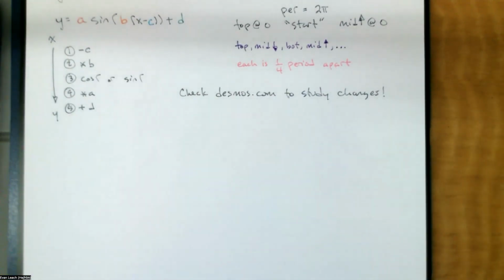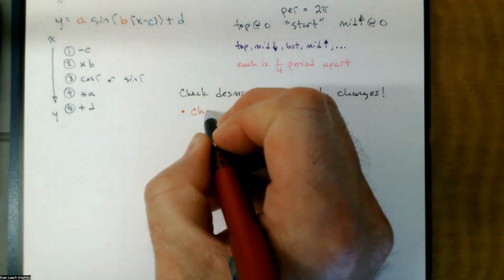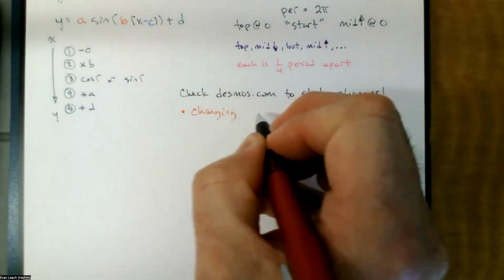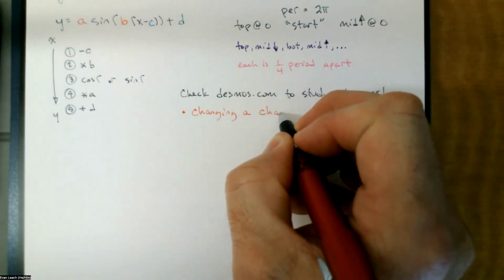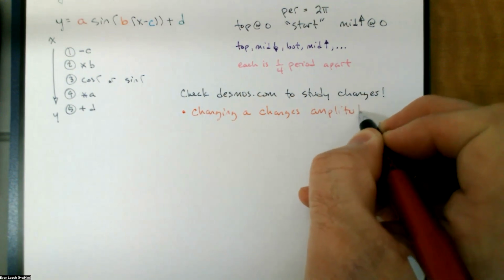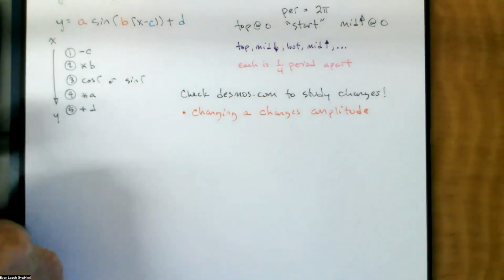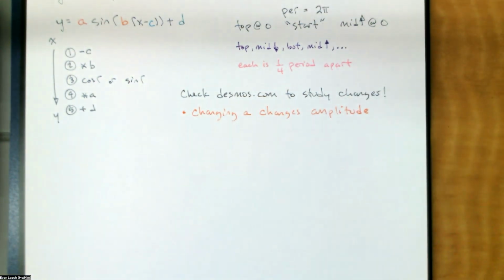So first thing we notice is that changing A changes the amplitude. It has no effect on where the middle is, because the middle was at 0 the whole time, and no effect on the period.